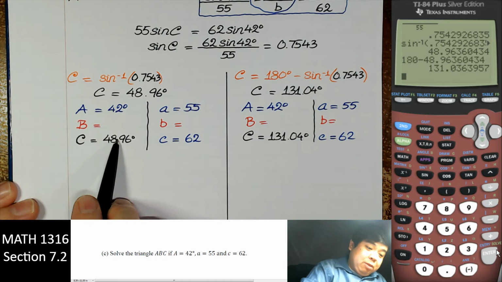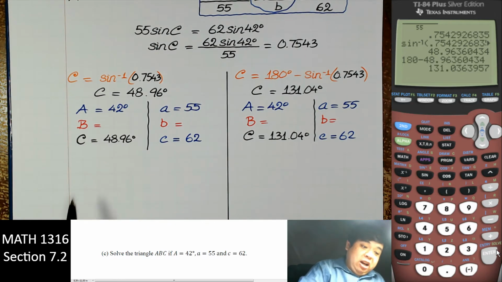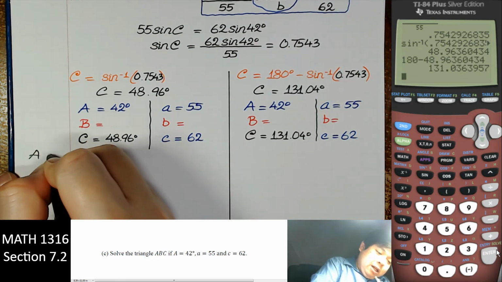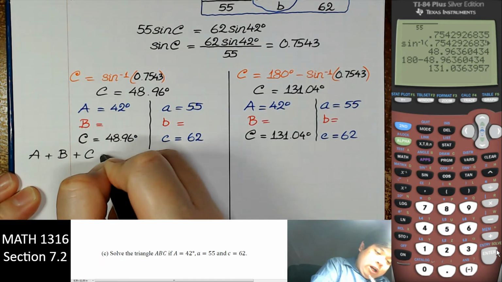So they are, both of them are okay so far. Right, now when we have C, suddenly we can find the remaining angle B. A plus B plus C is 180 degrees.